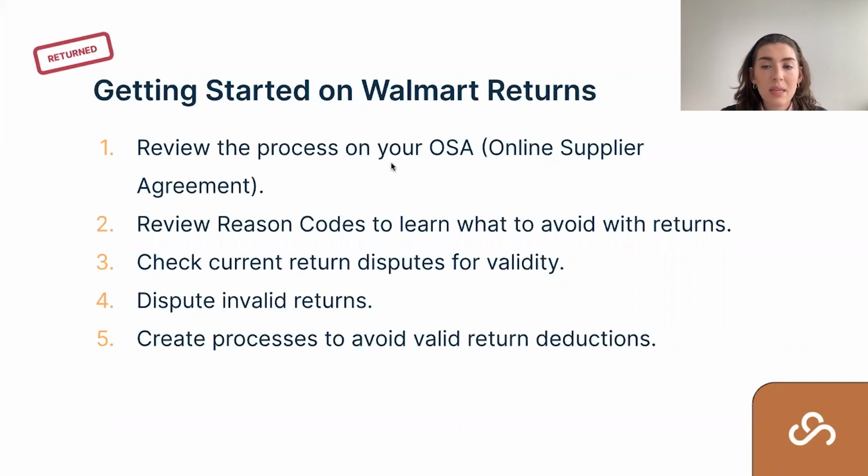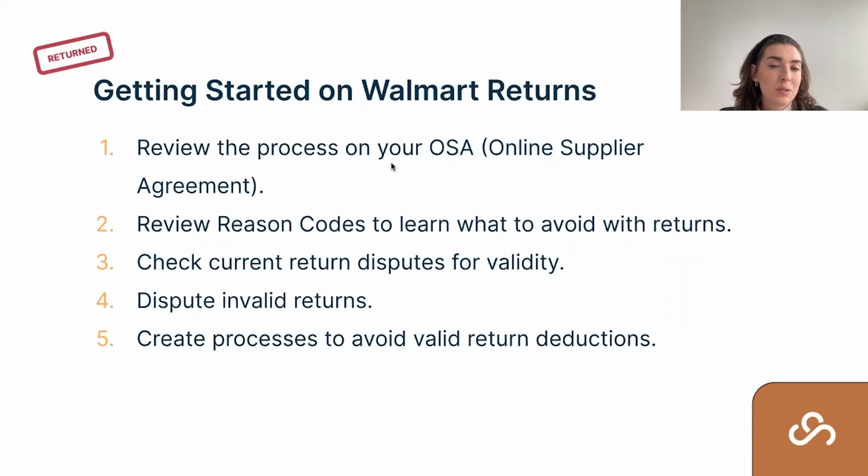That's the first step with disputing any type of deduction: seeing if it is invalid, meaning the supplier should not be charged for this particular deduction, or if it is valid, and understanding how to address the root cause of that particular fine. From there, you've addressed the valid returns, and you're building a process for addressing those issues in your supply chain.